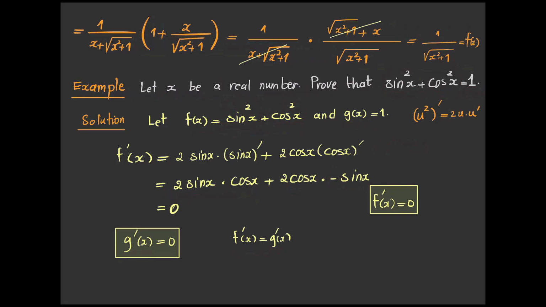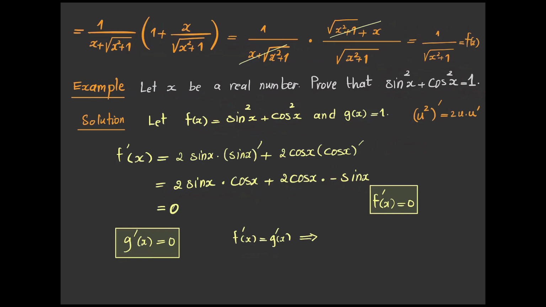Can I conclude that, because f prime is equal to g prime, therefore f is equal to g? Can I do that? No, because they might differ by a constant. Yes or no? So what can I conclude from here?